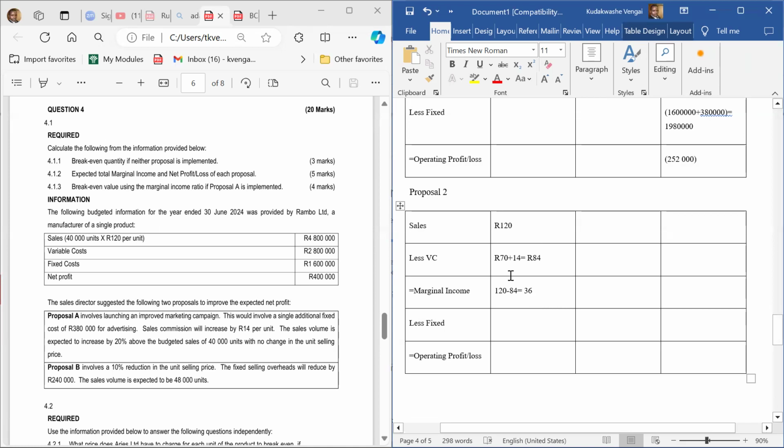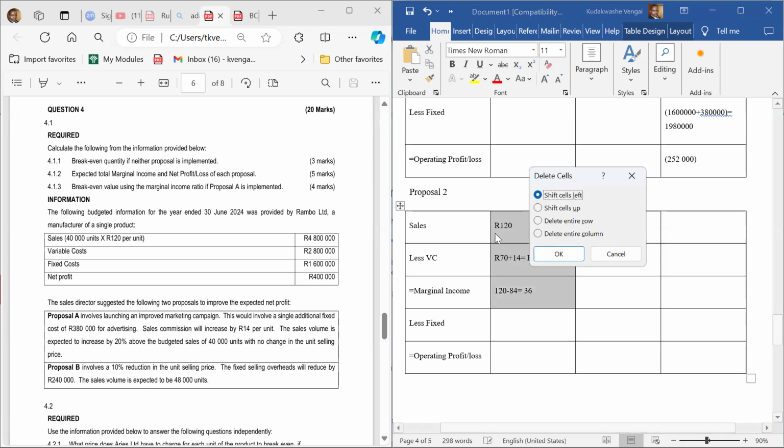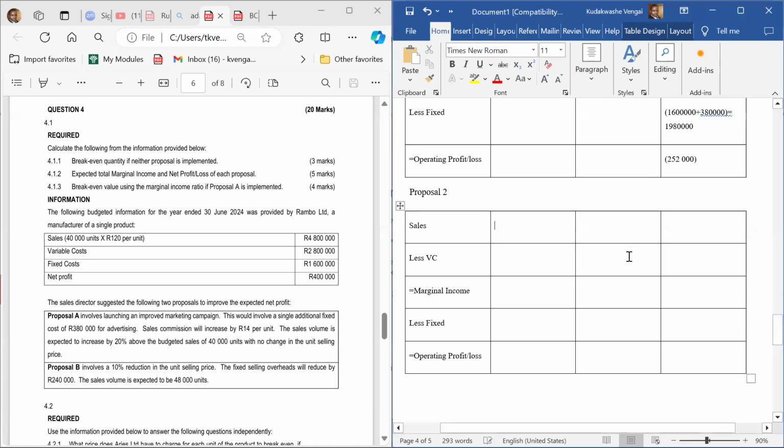So the second proposal, what does it say? It says here, involves a 10% reduction in the selling price. So we're saying 120 multiplied by 0.9 because it's a 10% reduction in the selling price. So 120 multiplied by 0.9 gives you 108, right? And fixed selling overheads will reduce by 240,000.